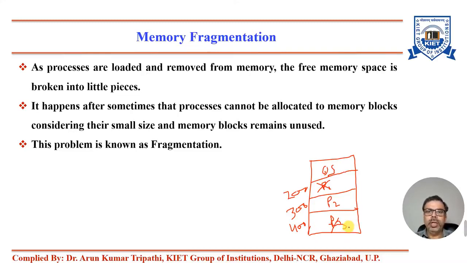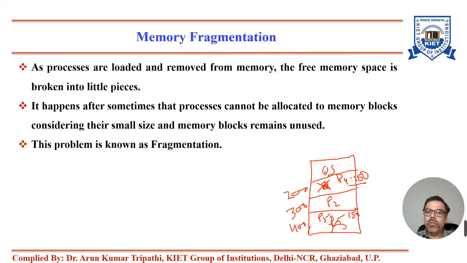Now a new process comes that requires only 100 MB, so we will allocate process P4 in this slot. Then a new process P5 comes that requires only 150 MB.